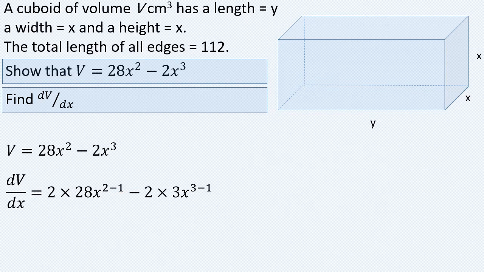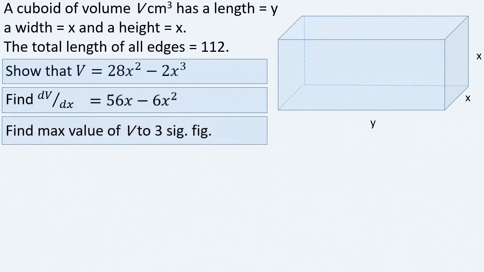For the second term in the equation, we also multiply the index 3 by the coefficient of x, which is 2, so it's 3 times 2x, and we reduce 1 from the index, so that becomes x to the power 3 minus 1. Now, if we work this out, we end up with 56x minus 6x squared, and this is the derivative of the volume.